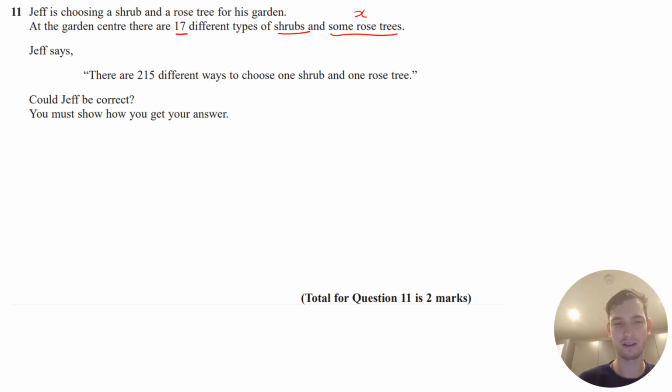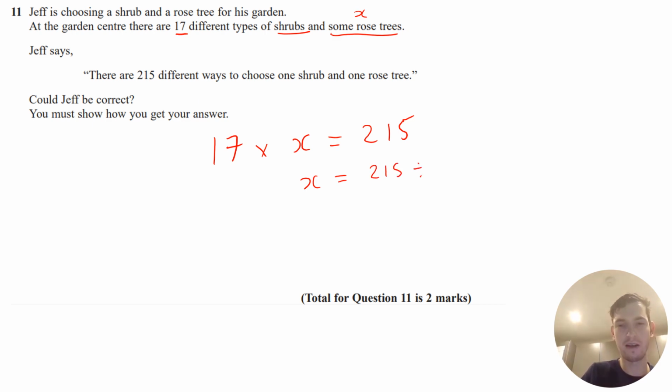So he says there are 215 different ways to choose one shrub and one rose tree. Is he correct? Okay, so I know that when I'm doing my counting, it's called the product rule for counting. So I'm going to multiply together 17 times x, and then I'm going to see what x is. Now, if x is a whole number, then that is how many rose trees there are. But if you do 215 divided by 17, you get 12.6.